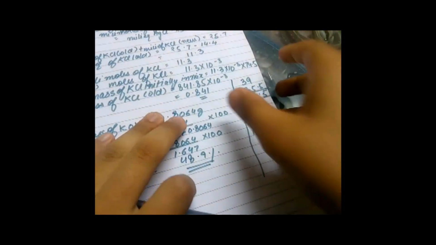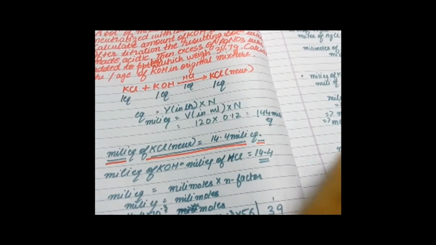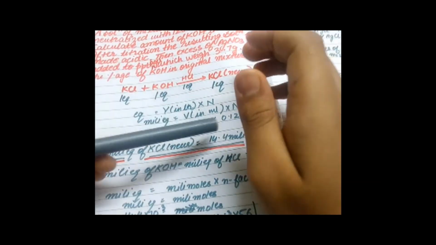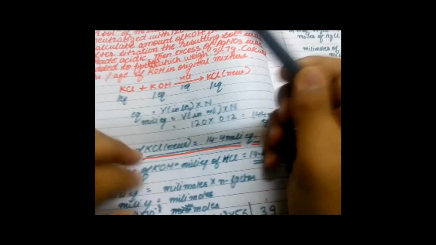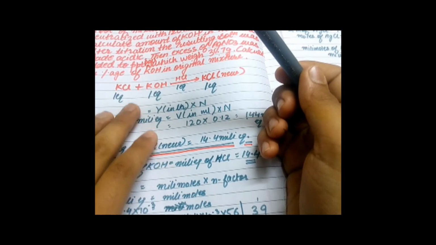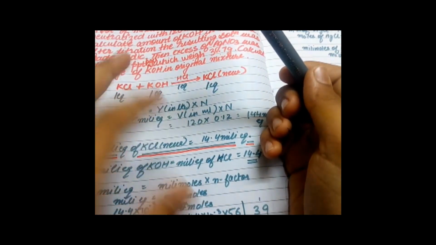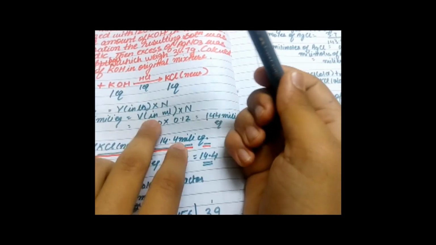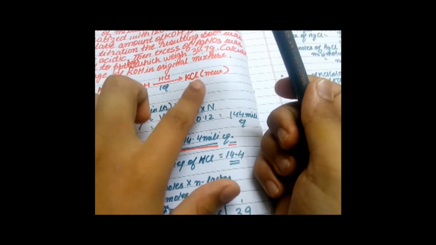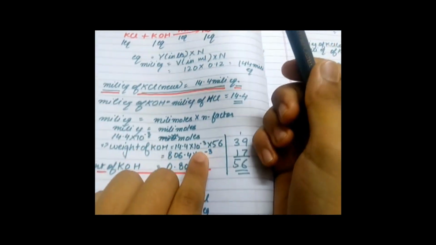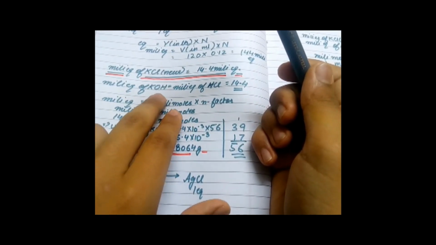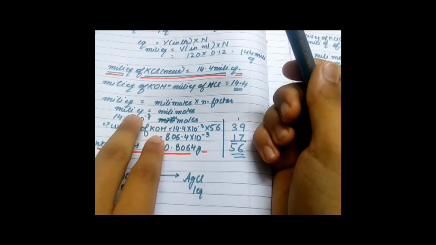So in this way you can calculate the question. We can analyze the question using the equivalence method. If you don't know how to balance the equation, you can easily use this method. You just have to write the equation half if you want, and you just have to equate the milliequivalents. Here first we found out that the milliequivalent of KCl new was 14.4, and the milliequivalent of KOH also was 14.4.